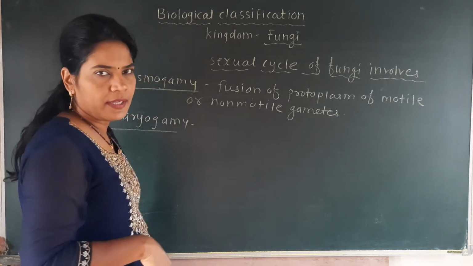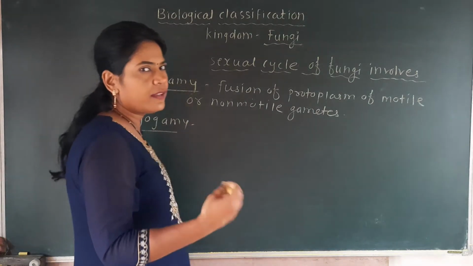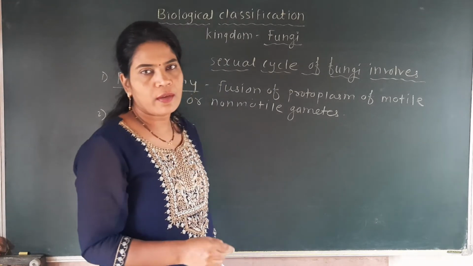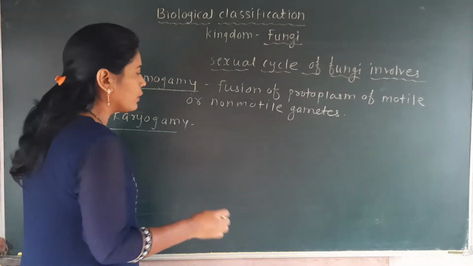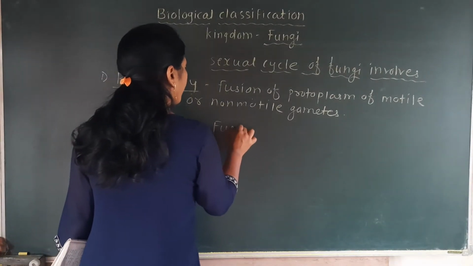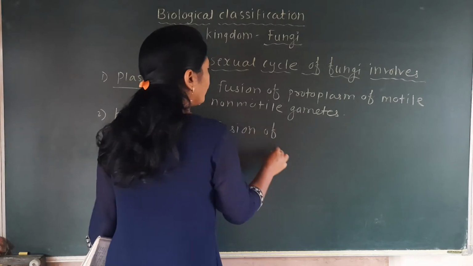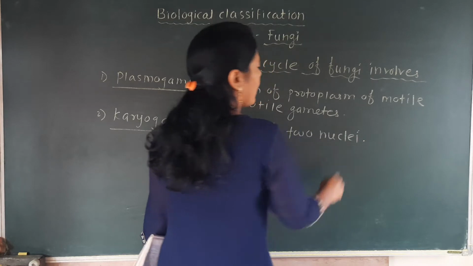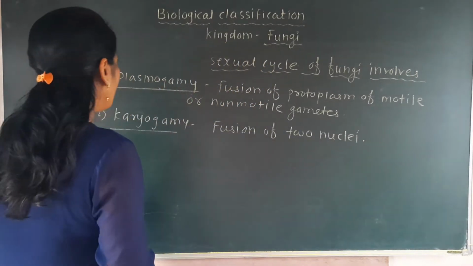Karyo means the nucleus, okay? So we have seen that prokaryotic means primitive nucleus. Eukaryotic means true nucleus. Karyon means nucleus. So fusion of two nuclei is called as the karyogamy.